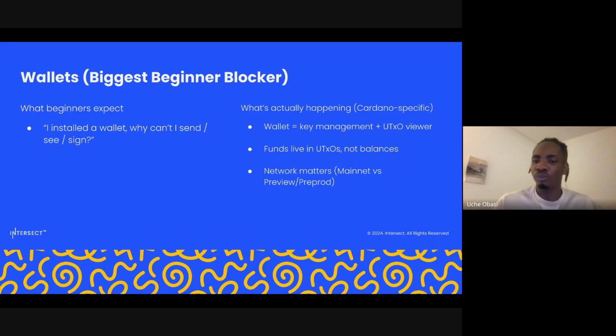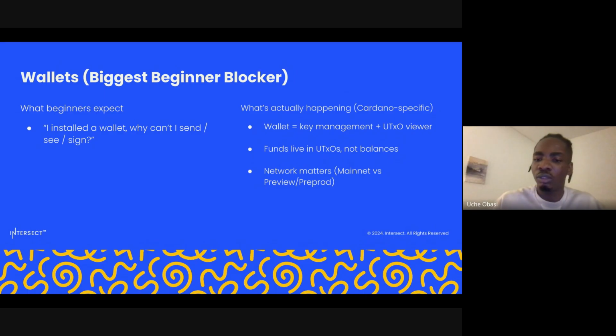On one hand, we have the wallet, which is a mixture of key management and UTXO viewer. On the other hand, you have funds living in UTXOs, not balances, right? And on another hand, you understand that there are different networks within the blockchain, right?